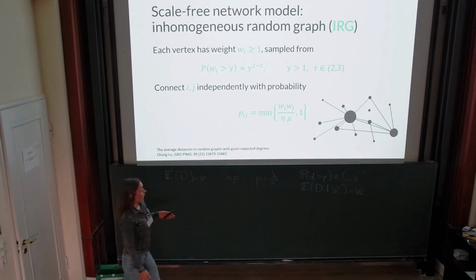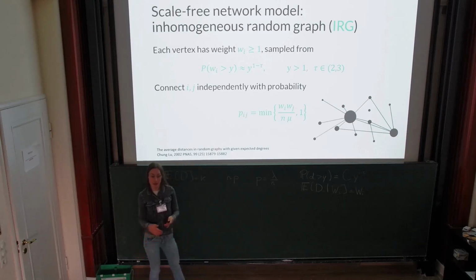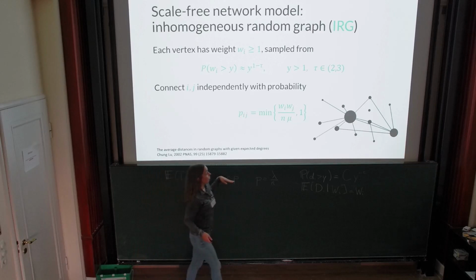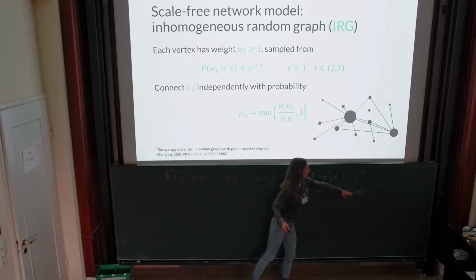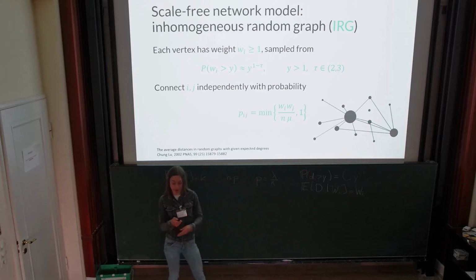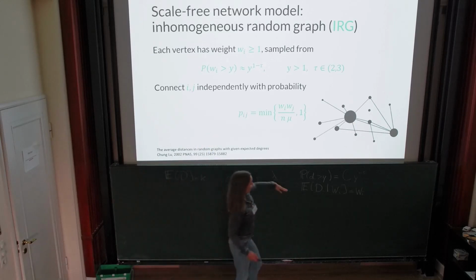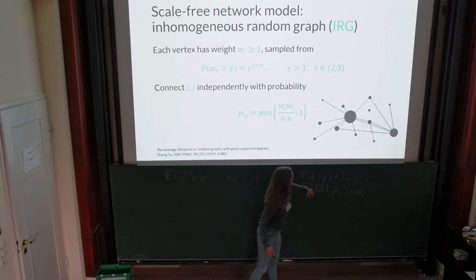But the main thing is, if you use this model, you can, in expectation at least, generate graphs with all possible degree distributions you like. So here we said, let's do this power law, but actually you can also choose the weights from any other distribution that you like. And then in expectation, you will match the degrees to the weights that you put into this model.